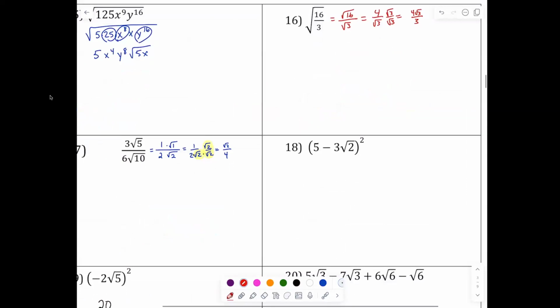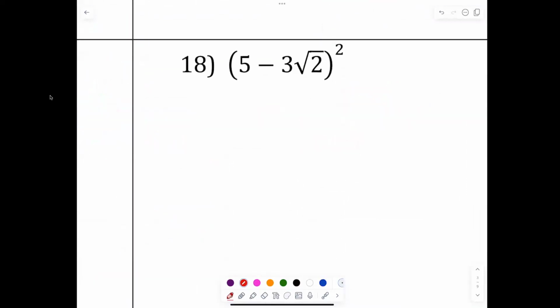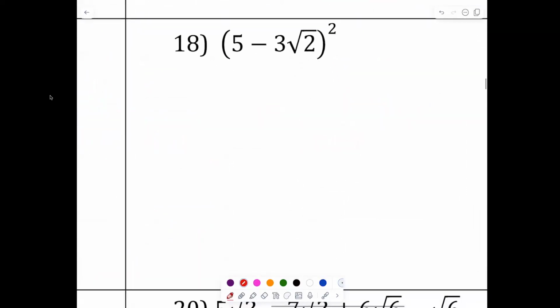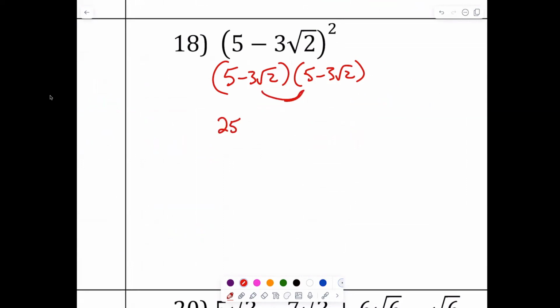All right, here we go. Now on this one, remember square, you have to write it twice. 5 minus 3 radical 2. 5 minus 3 radical 2. Is everybody with me on that? Now 5 times 5 is 25. This is first smiley face. Be careful, negative 15 radical 2.